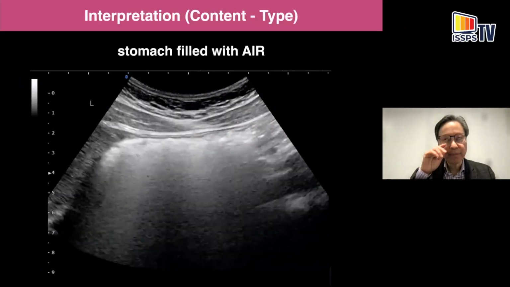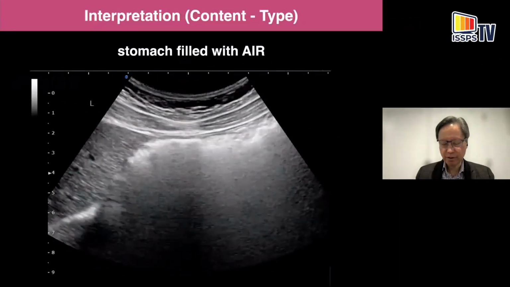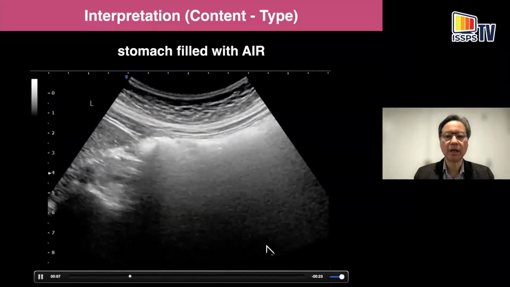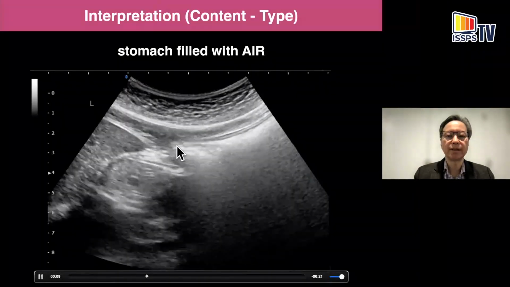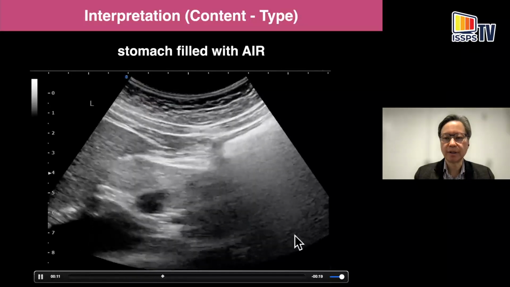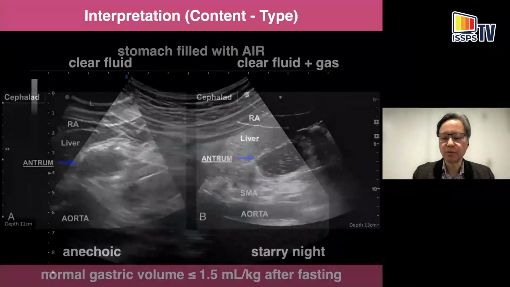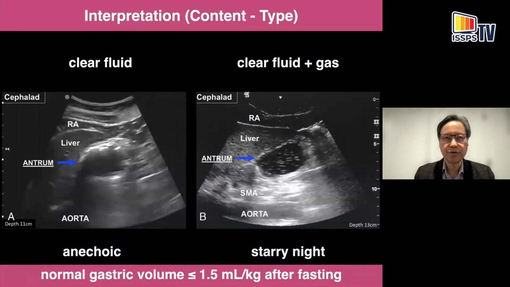Next, the stomach may be filled with air. Air, we know what it looks like. It's a wall of bright image here, and you cannot see what's inside because it's blocked by the wall of air. Liquid is easy to find. Liquid is dark, hypoechoic or anechoic.